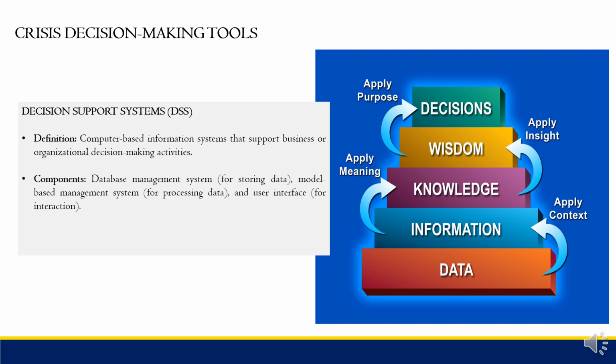Components: database management systems, which is for storing data, model-based management systems for processing data, and user interface for interactions. Functions: they help in data collection, data analysis, scenario building, and presenting actionable insights.